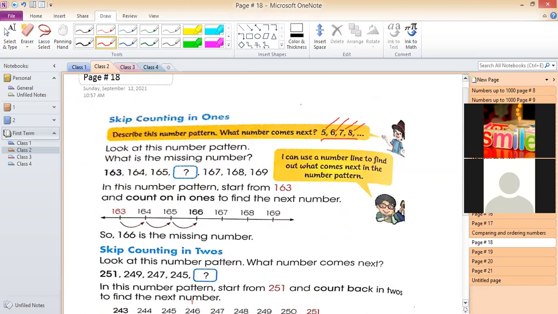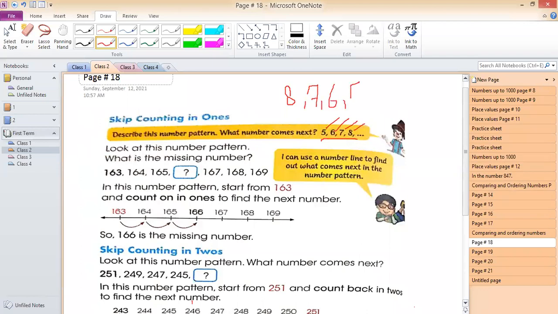But if I write the same numbers like this, 8 first, then 7, then 6, then 5, the difference between these numbers is also 1. But here these are arranged from biggest to smallest. So here we are counting back in ones.